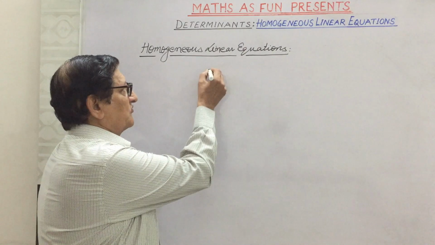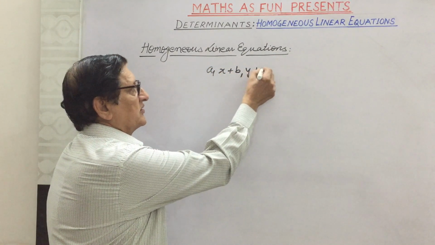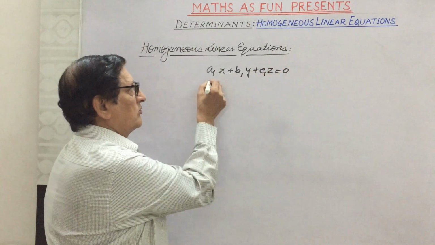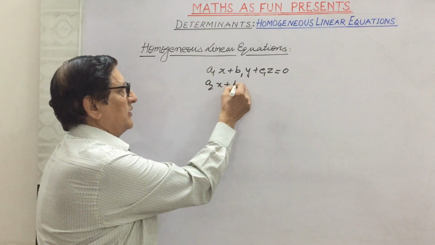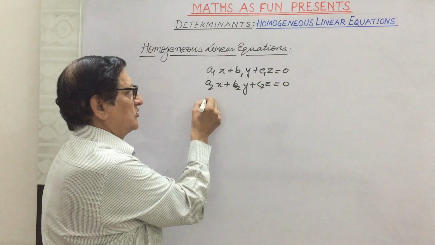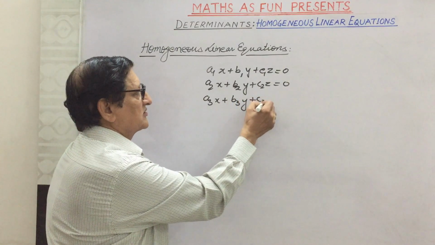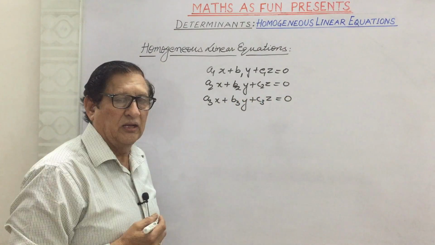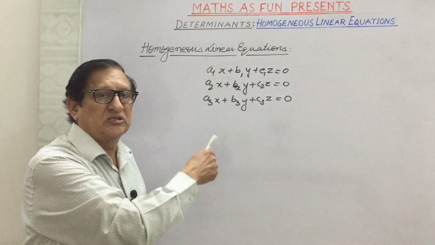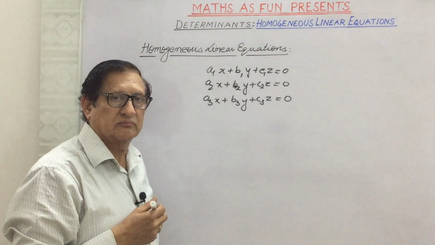For example, suppose we have a1x plus b1y plus c1z equal to 0, a2x plus b2y plus c2z equal to 0, a3x plus b3y plus c3z equal to 0. This is a system of homogeneous linear equations in three variables.